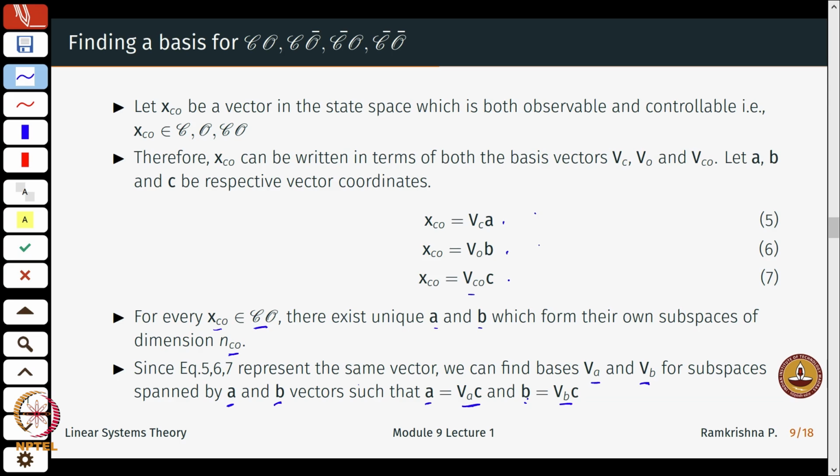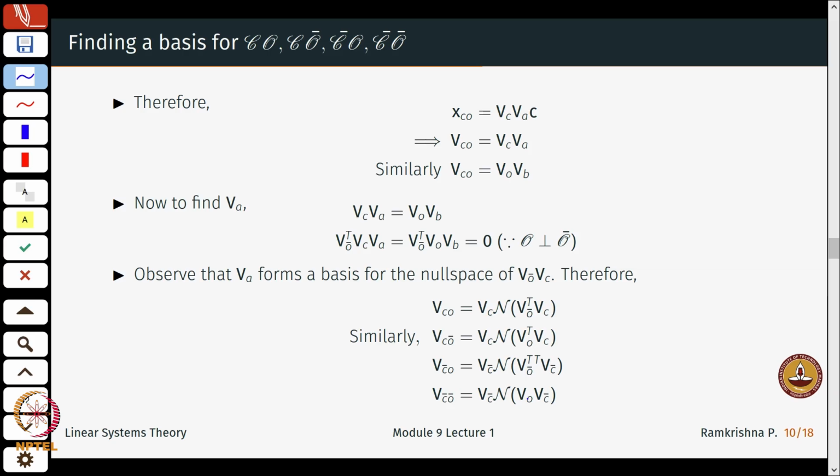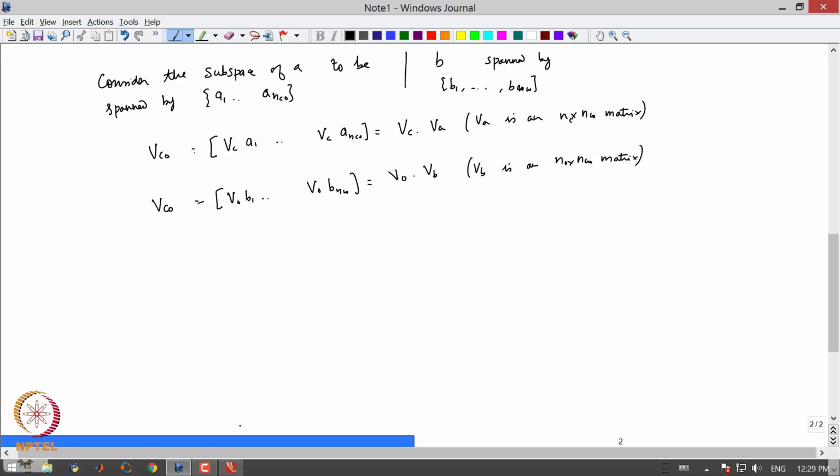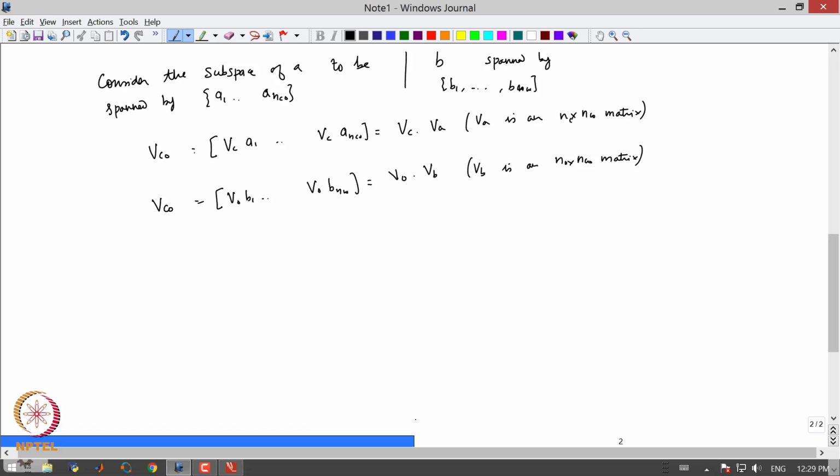That is how this basis is derived. So, this means that now I can write these vectors, xc naught as Vc Va times c, which also comes from this thing here.